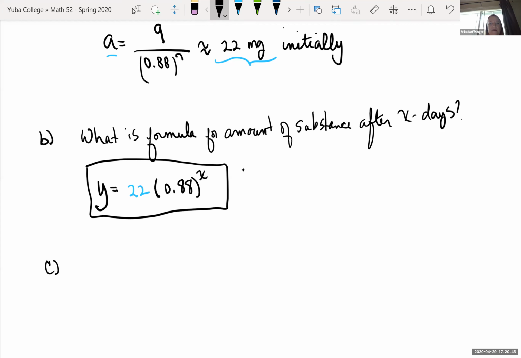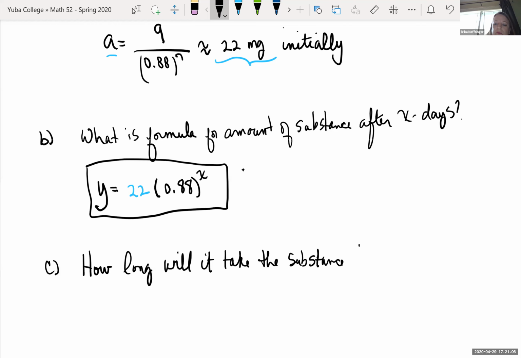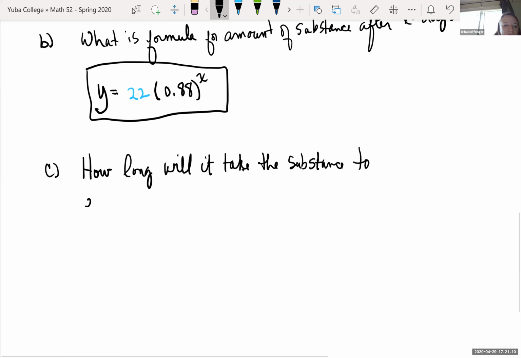But what if we wanted to figure out how long will it take the substance to reach 2 milligrams?